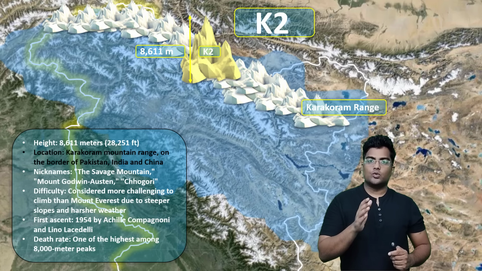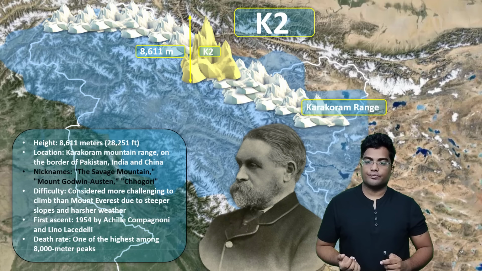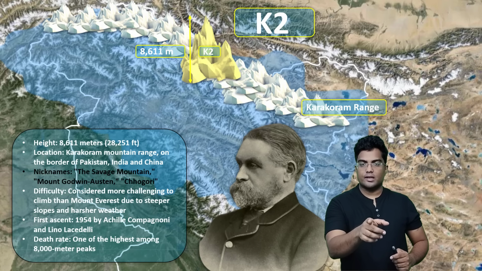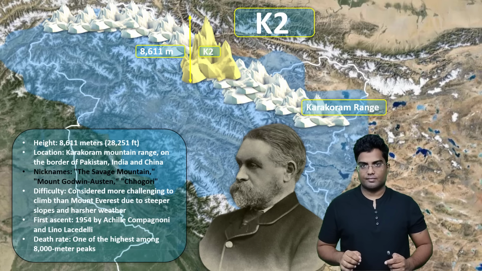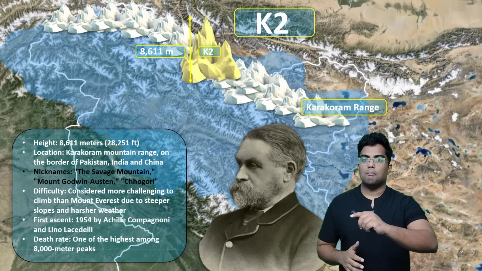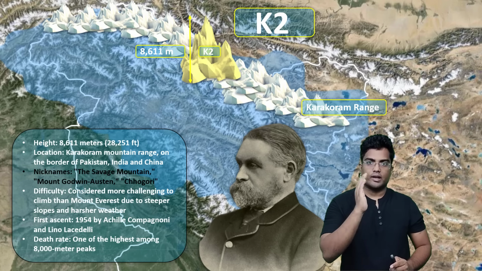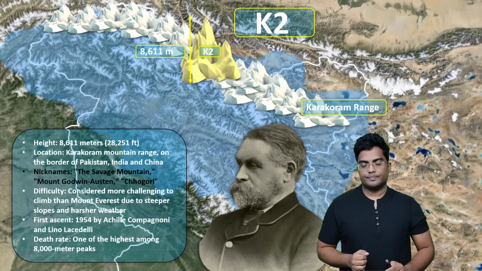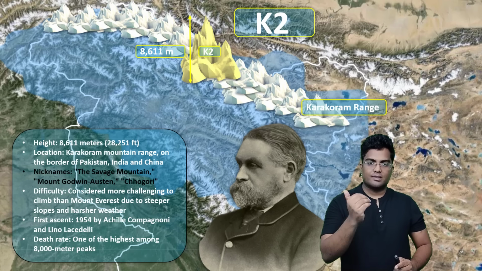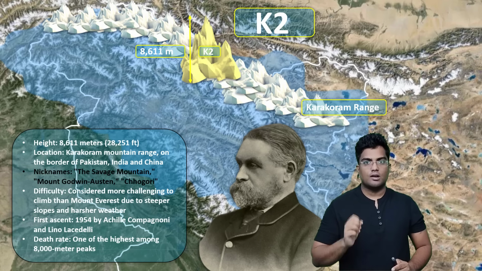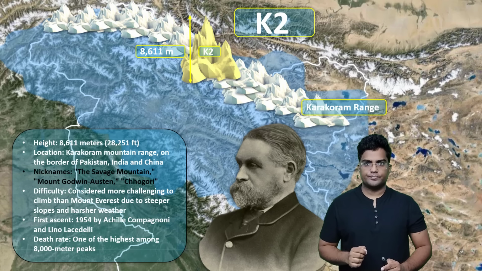So K2 has a lot of names. It's known as Godwin-Austen. So this guy is Godwin-Austen. This guy did a lot of mapping work around this area, and that's why this mountain is called Godwin-Austen. Remember that this guy didn't successfully climb to the top or the peak of K2.